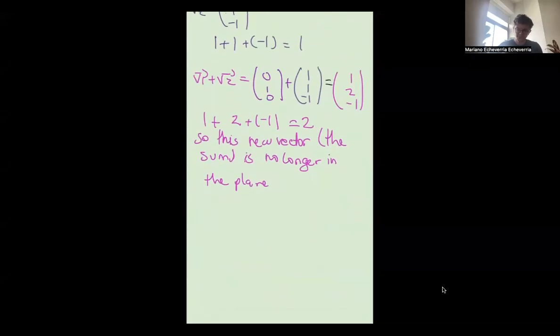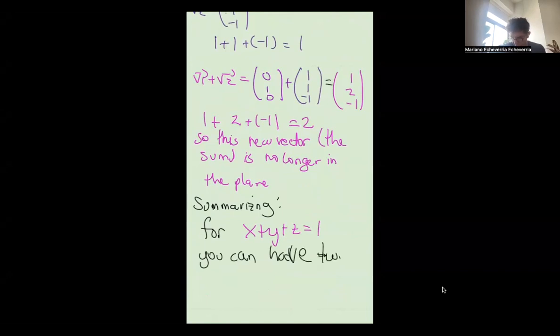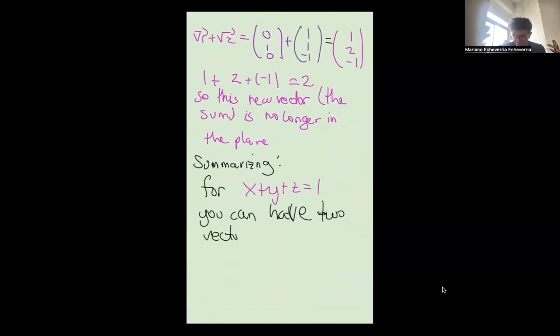So to summarize the situation, for x plus y plus c equals 1, you may start with two vectors, or if you prefer to think about it in terms of solutions, two solutions which satisfy the equation.